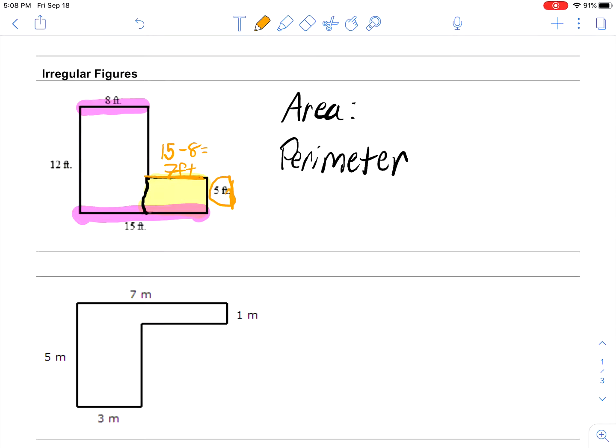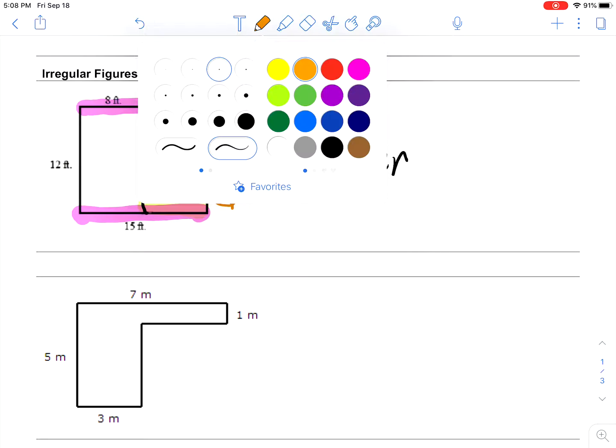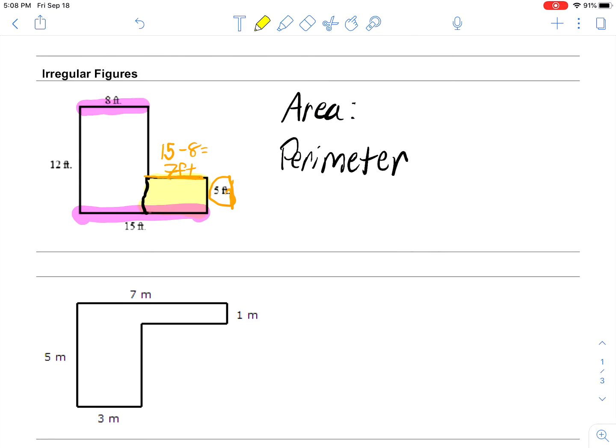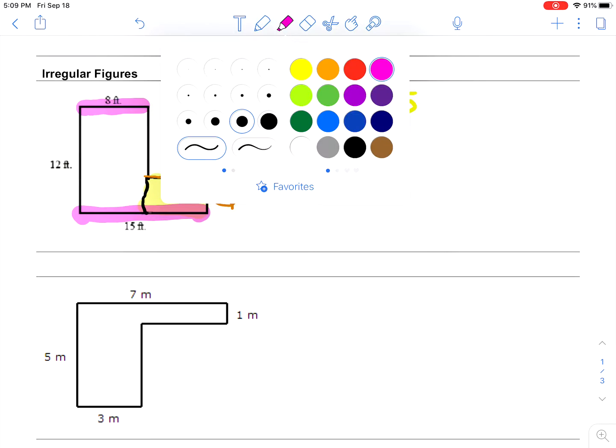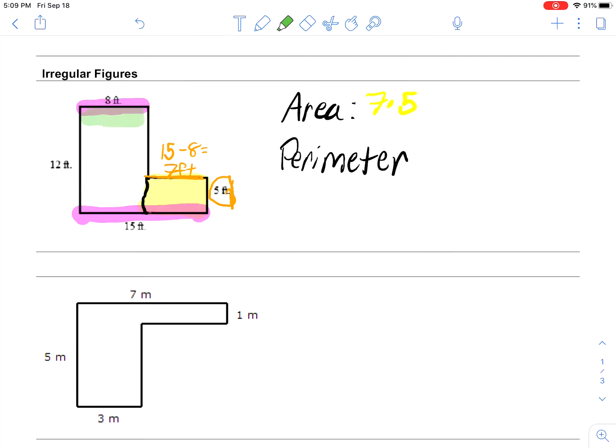Okay? That means that the area of my yellow shaded box is 7 times 5. Now I can do the same thing. I need to find the area of my larger box, which I'm going to shade green.